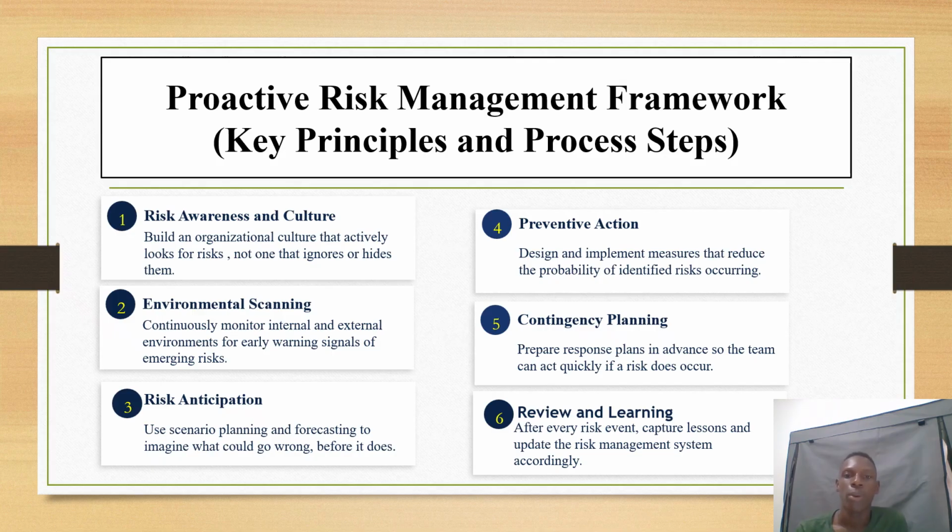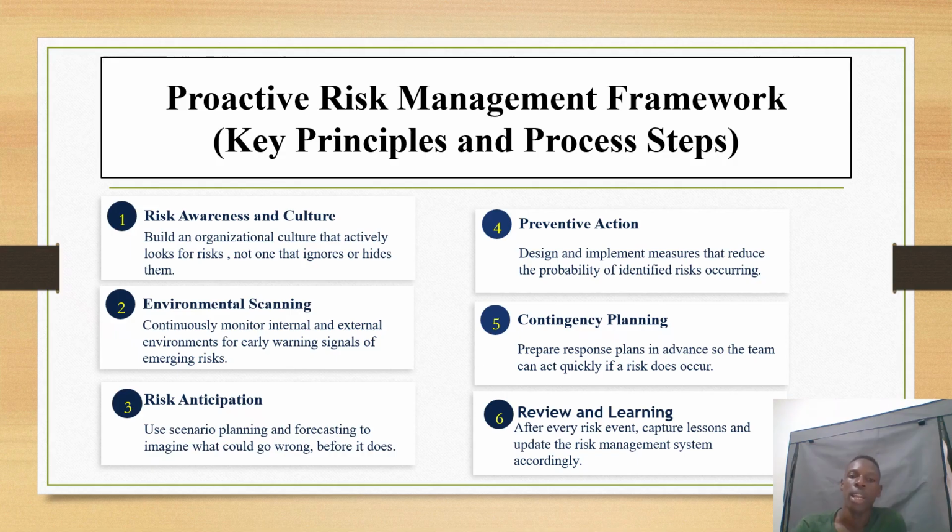Step 5 is contingency planning. You have to prepare response plans in advance so the team can act quickly if a risk occurs, not just when the risk occurs, then that's when you start thinking of what to do. You ought to always have that plan of what to do next in case the risk happens.